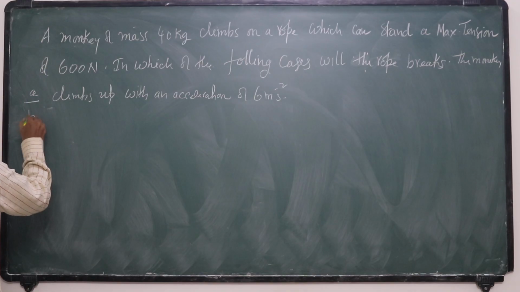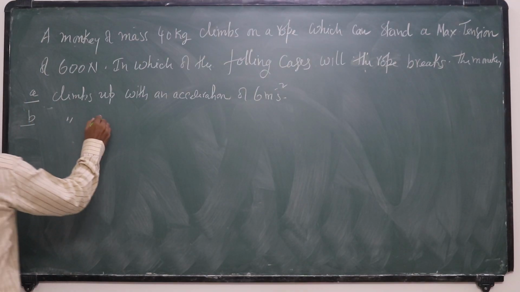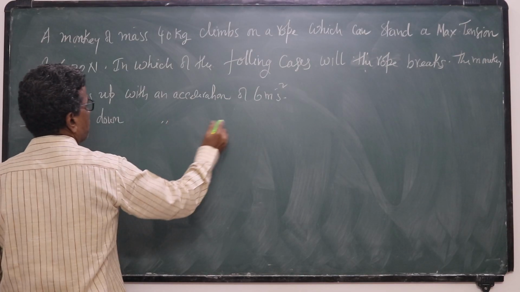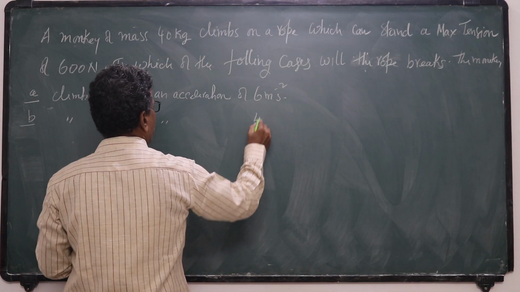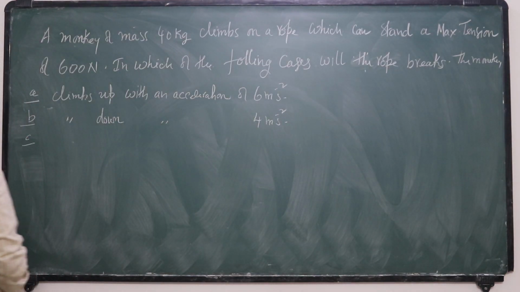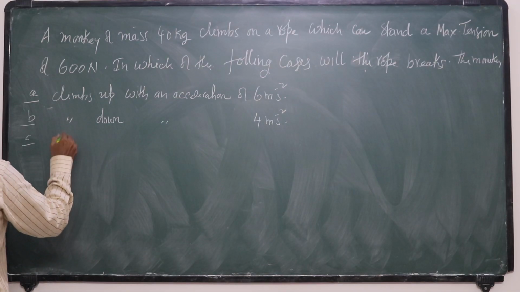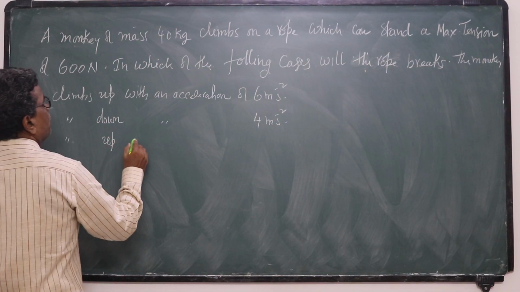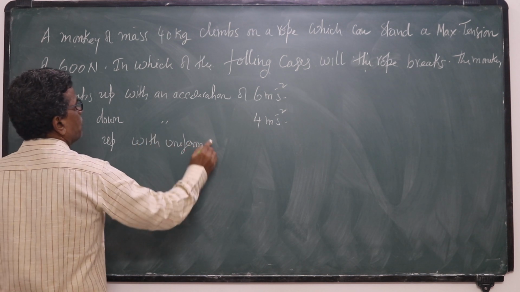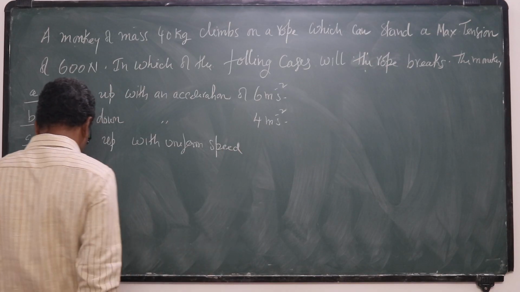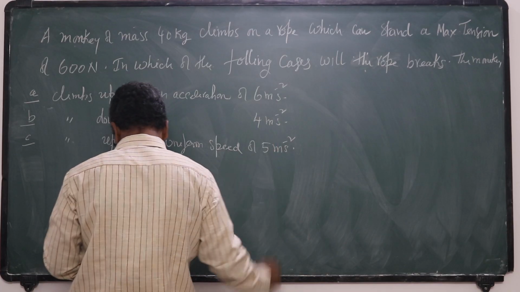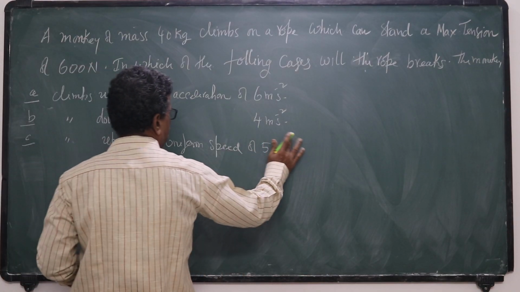B: climbs down with an acceleration of 4 meters second to the power minus 2. C: climbs up with a uniform speed of 5 meters second to the power minus 1. Sorry, speed.